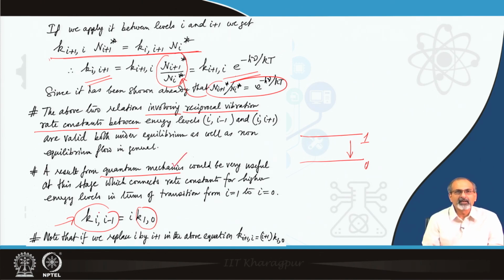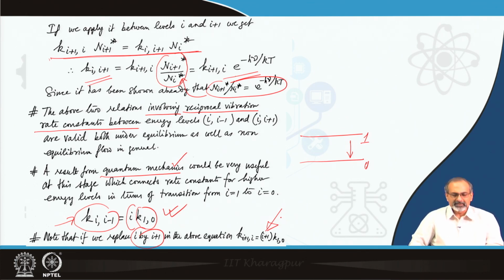So, a transition from I to I minus 1 can be linked with the expression on the right hand side, I times k 1 comma 0. Note that if we replace I by I plus 1 in the above equation, we get another equation of this form, k I plus 1 I is equal to I plus 1 in brackets times k 1 comma 0.